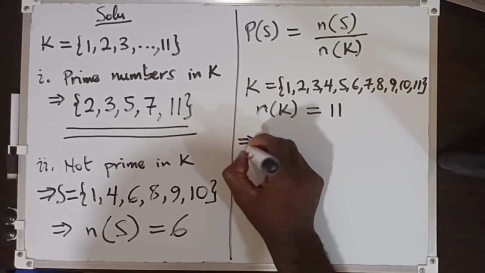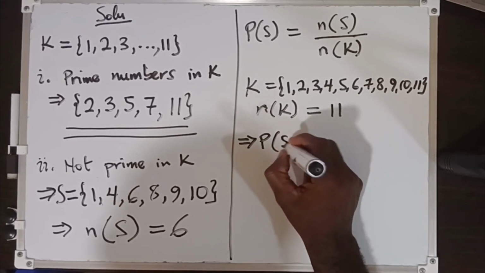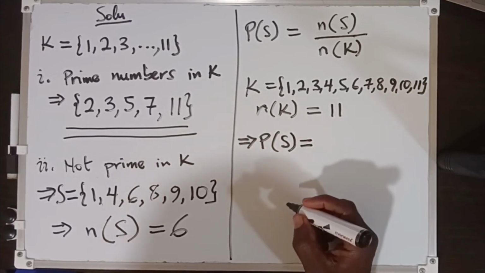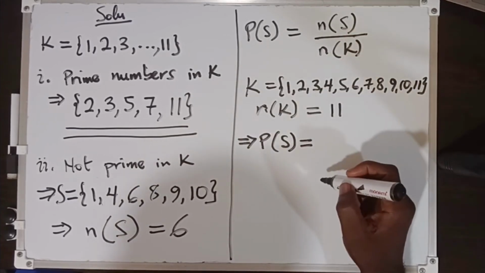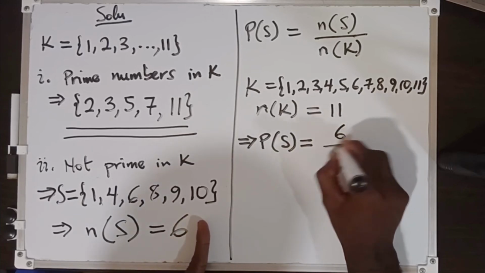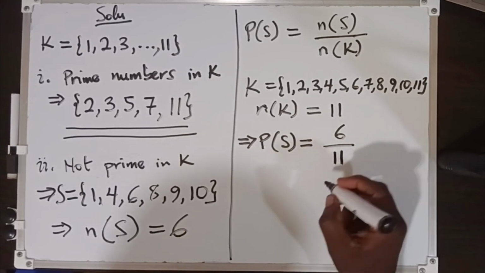And that implies that for the probability of having an element in the set k which is not a prime number, the number of elements which are not prime numbers is 6, and the total number of elements in the set k is 11.